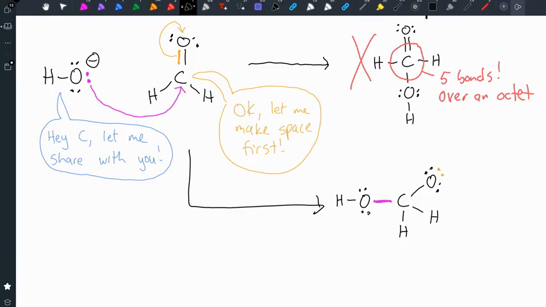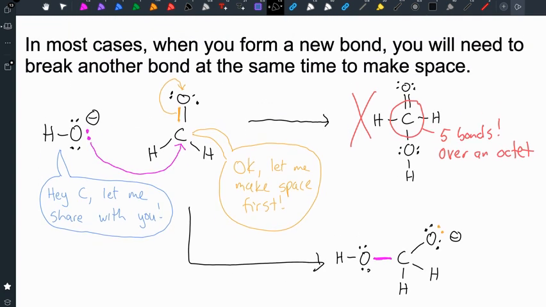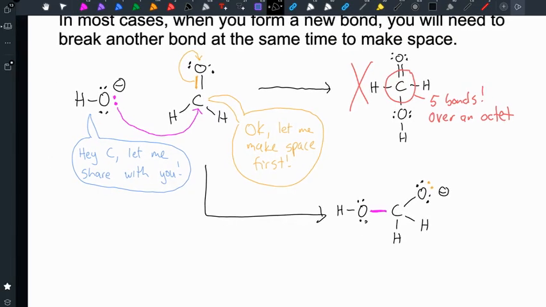Now, this oxygen has the negative charge. So we formed one bond and we broke one bond. So that's going to be your most common scenario.